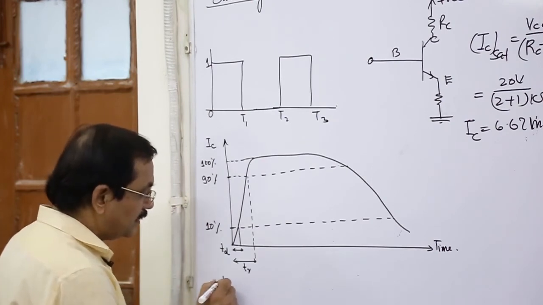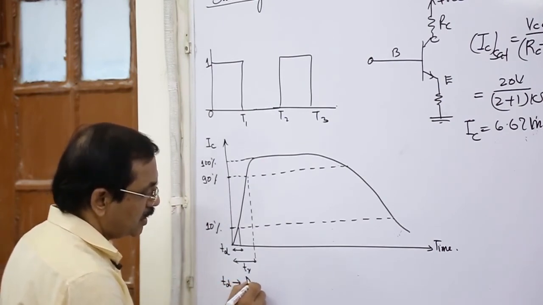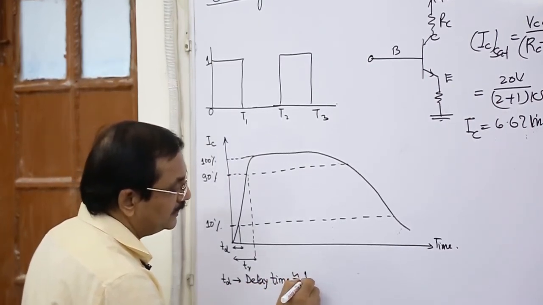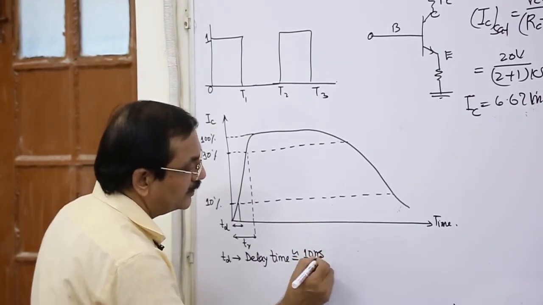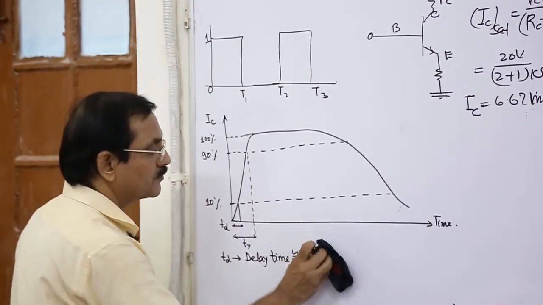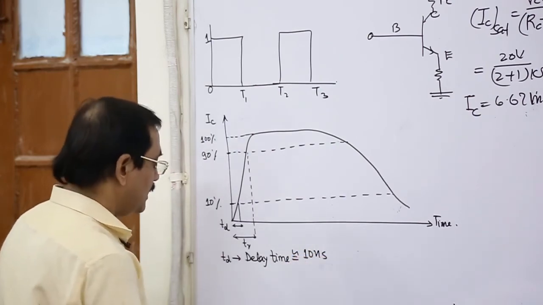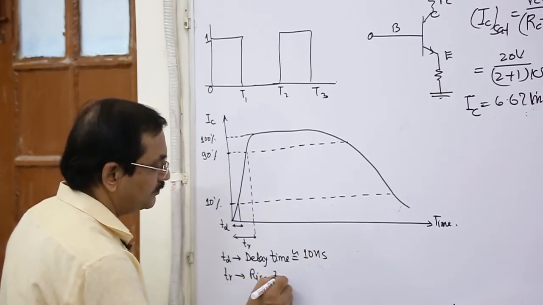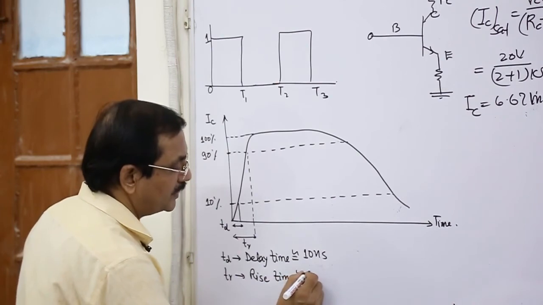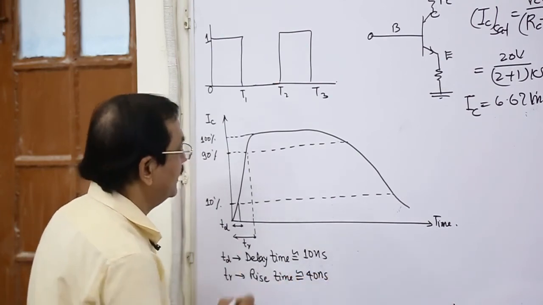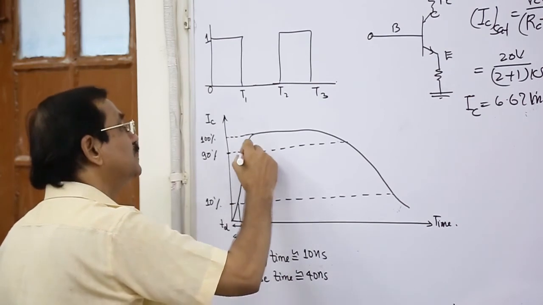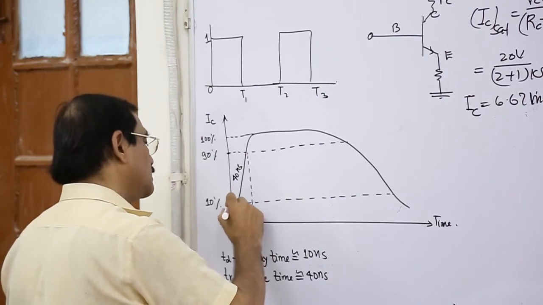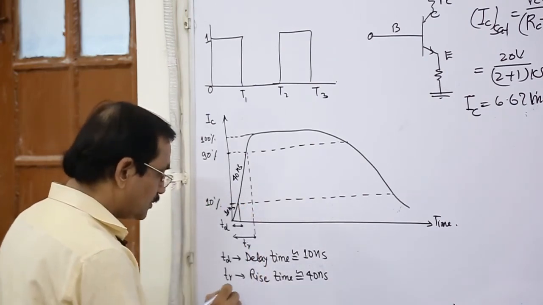So, TD is delay time, which is approximately 10 nanosecond, and this is TR, rise time, that is approximately 40 nanosecond. From this place to this place it is 40 nanosecond, here it is 10 nanosecond.